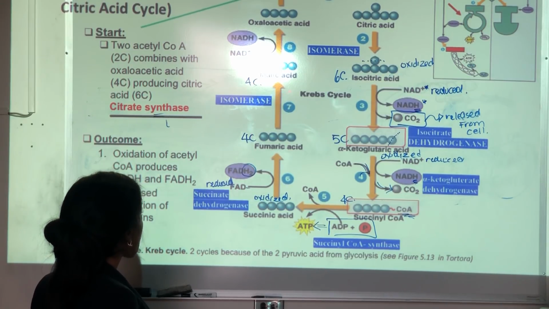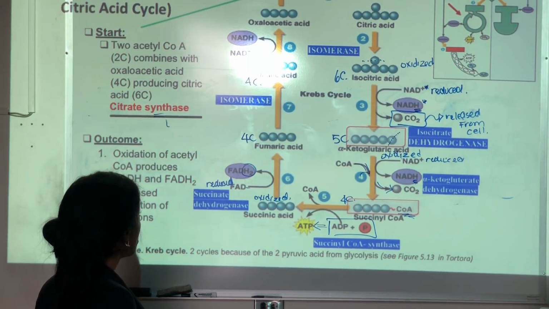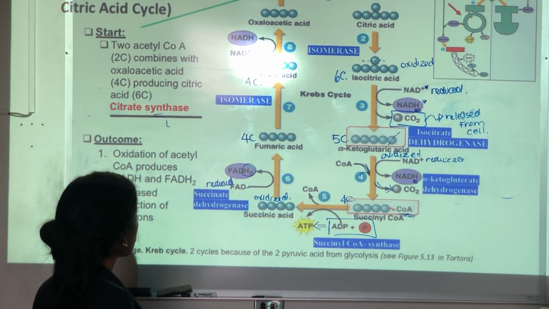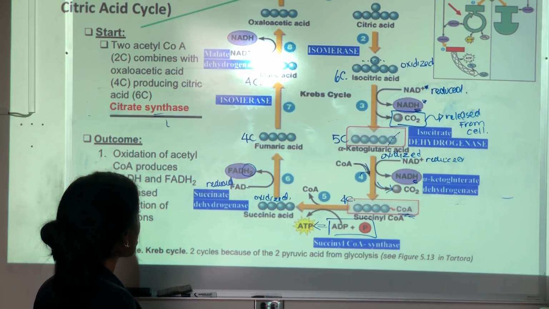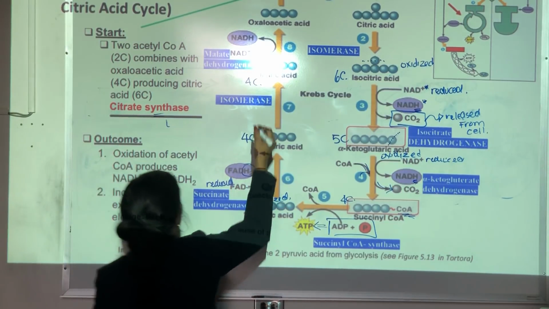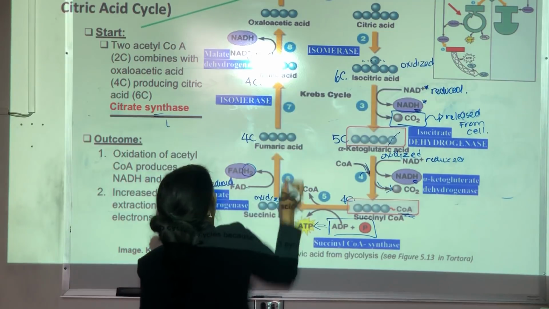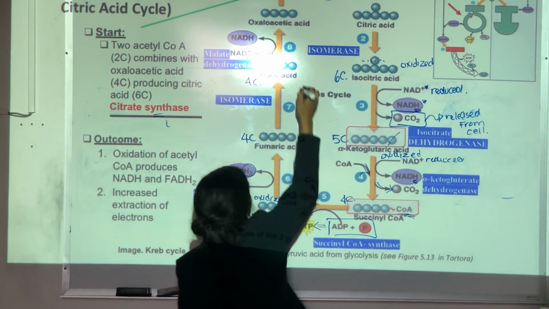After step 7, malic acid is converted to oxaloacetic acid. Okay? So what is involved here? It has to be a dehydrogenase because we see NAD. Right? And NAD, since it's gaining electrons, that means again, similarly, NAD is going to be reduced, and malic acid will be oxidized.